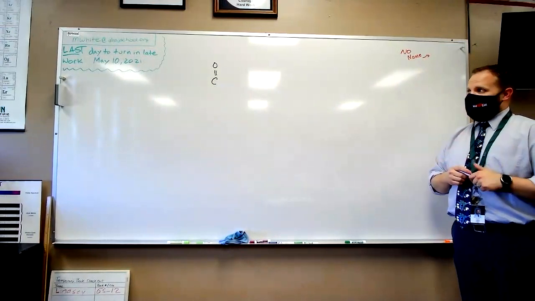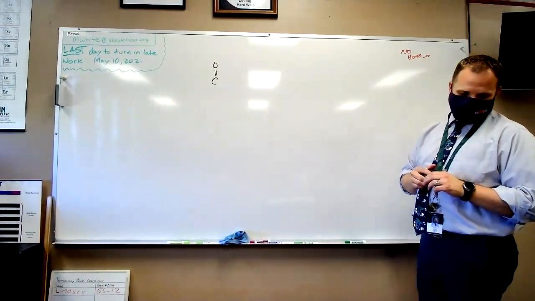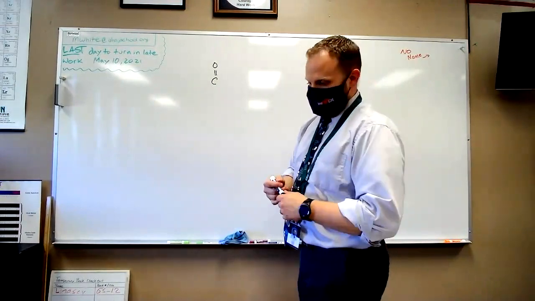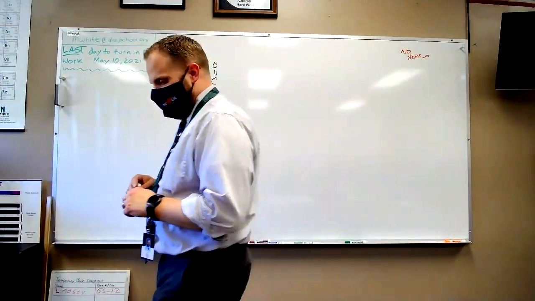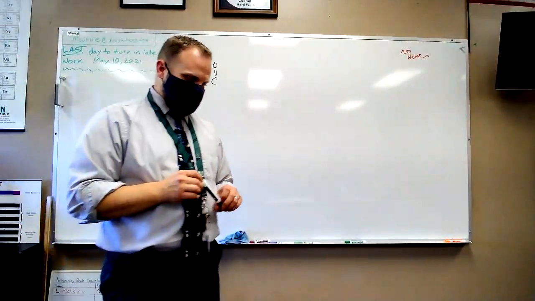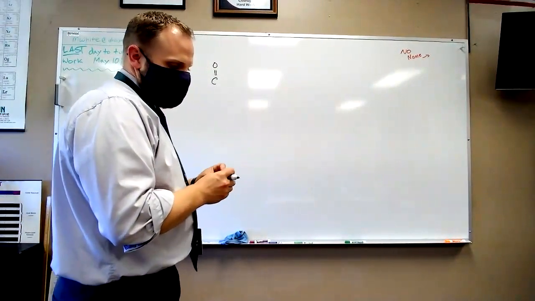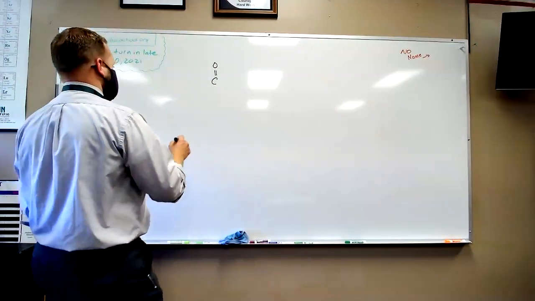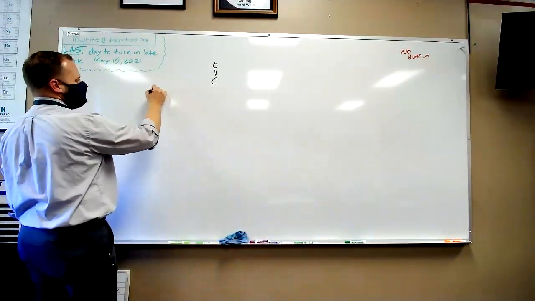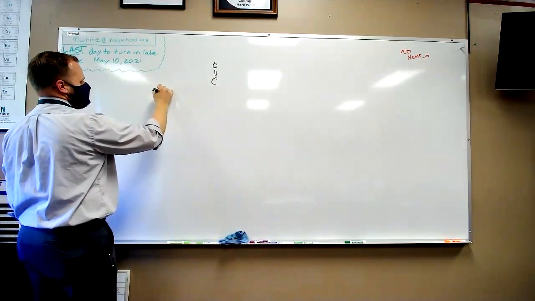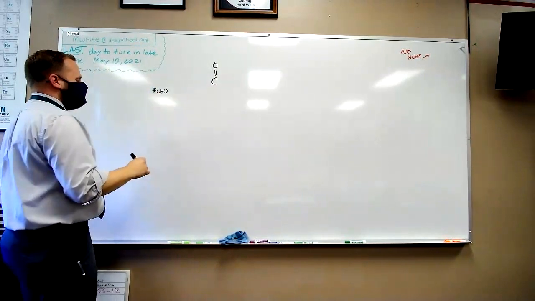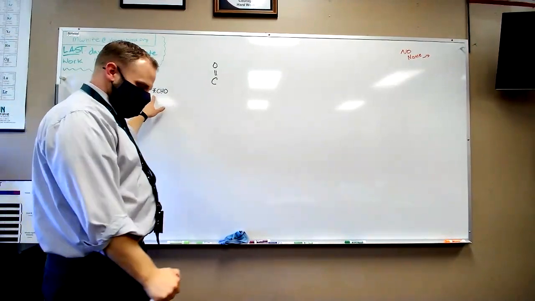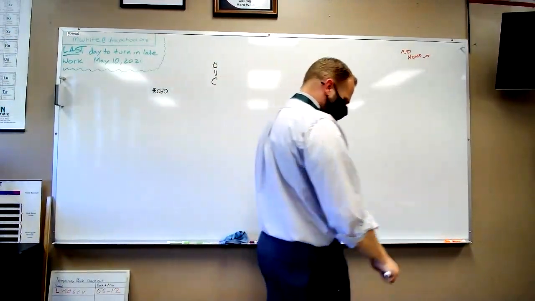So our first functional group, remember we can write them all as general formulas. Actually, our general formula is that. Now the star, that's the first time we've seen the star in the general formula.